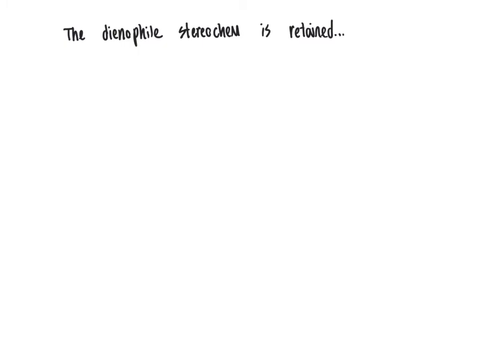So our first stereochemistry consideration applied to the diene. Now we look at the stereochemistry consideration of the dienophile, and what to keep in mind there is that the stereochemistry of the dienophile is going to be retained. Remember, the dienophile is our alkene.